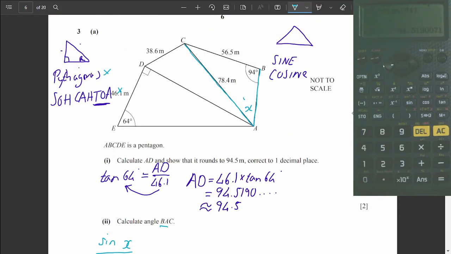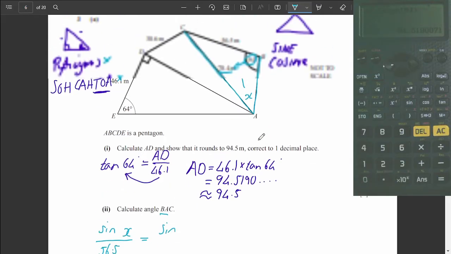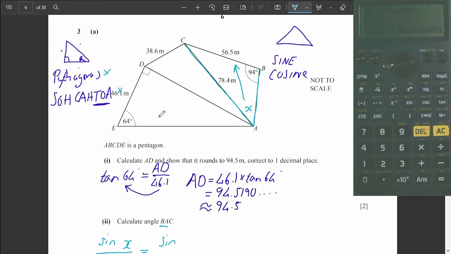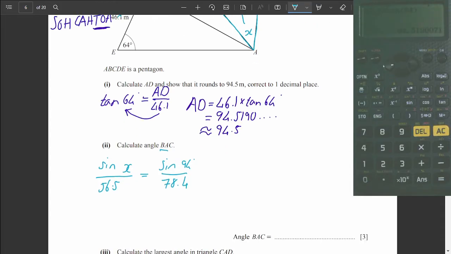Opposite side here is 56.5, so put that over 56.5 equals sine of the other angle we have, 94, over 78.4. Now to calculate, we need to rearrange. First, I'm going to multiply this 56.5 on the other side.